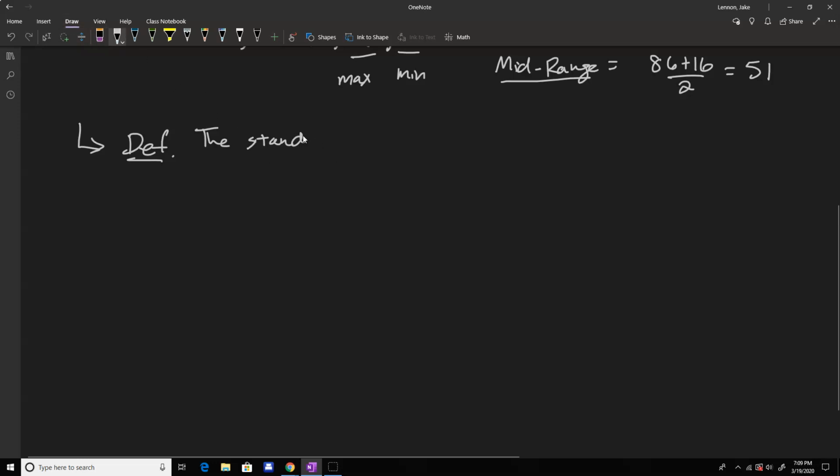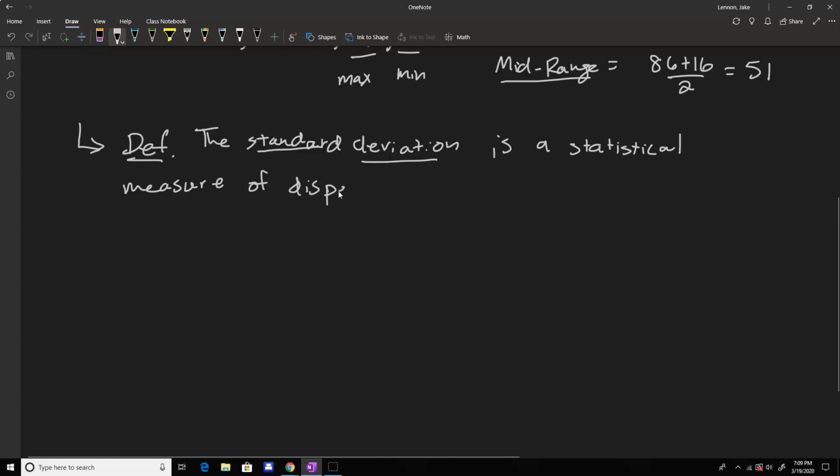So the standard deviation is a statistical measure of dispersion that shows how data vary about the mean.